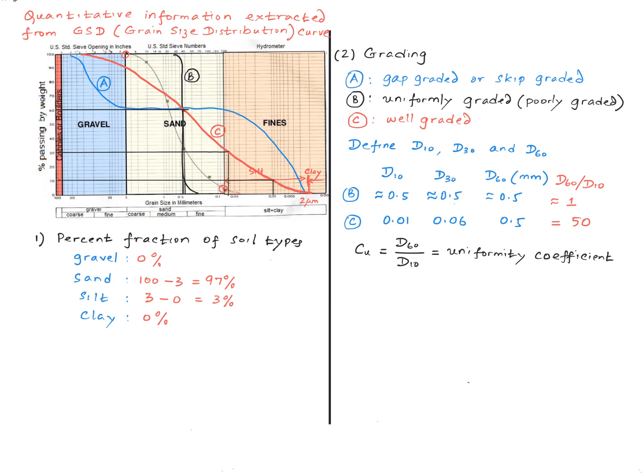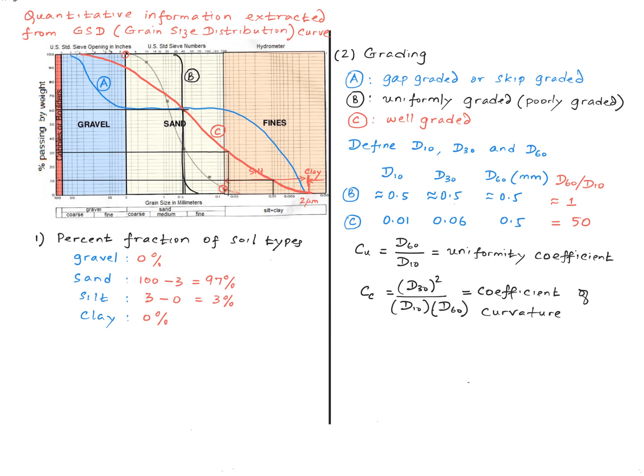So this ratio, Cu, is called the uniformity coefficient. The Unified Classification System also uses another quantity called the coefficient of curvature, C sub C, which is defined like this. So this quantity basically says whether a given grain size distribution curve is concave or convex.